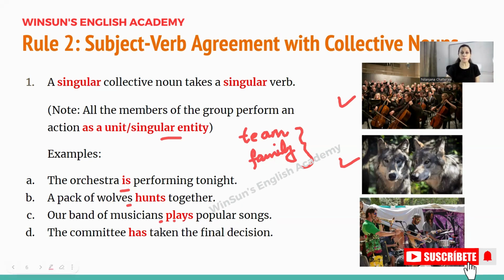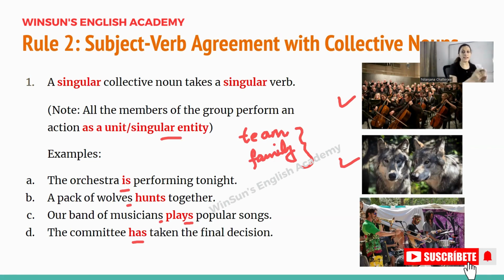Next, our band of musicians plays popular songs, with a singular verb. All the musicians work together, they play together. And what do they play? The popular songs. Here, the committee has taken the final decision. Together, as a whole, as a unit, as a singular entity, they have taken the final decision.